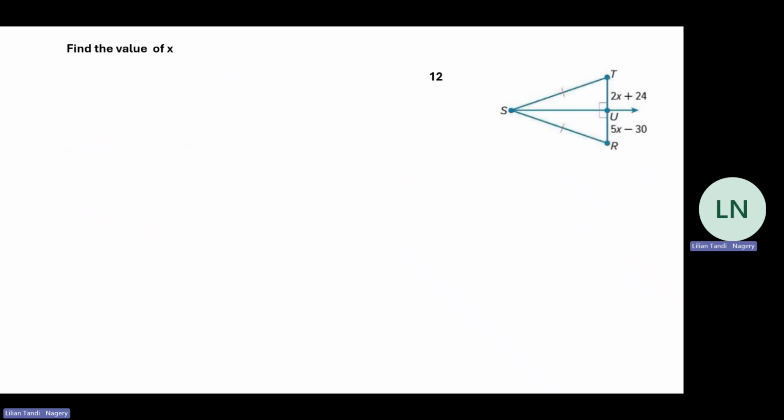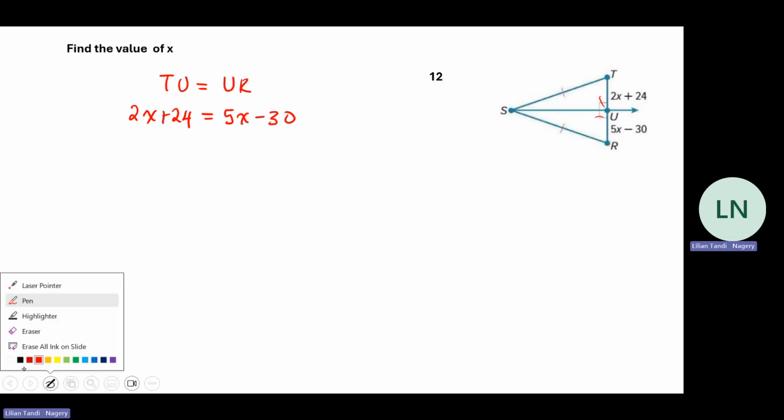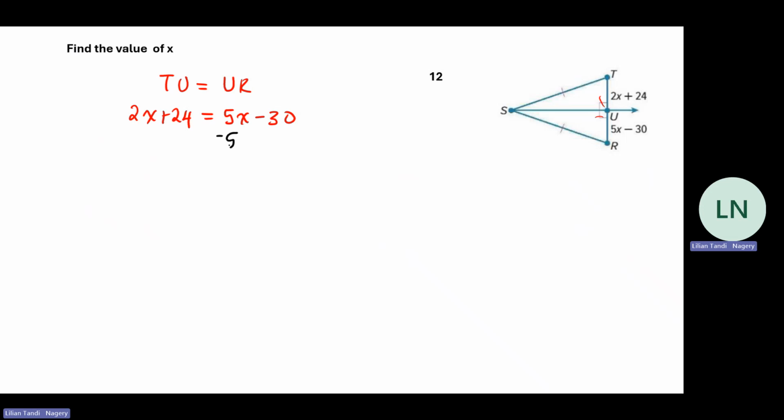All right, let's move on. Same thing here. From the vertex to this side is perpendicular because I see 90 degree. So therefore, TU is equal to UR. Now we have 2x plus 24 equals 5x minus 30. Okay, so I will subtract 5x on both sides and I will subtract 24 on both sides. So this goes away, I get negative 3x.